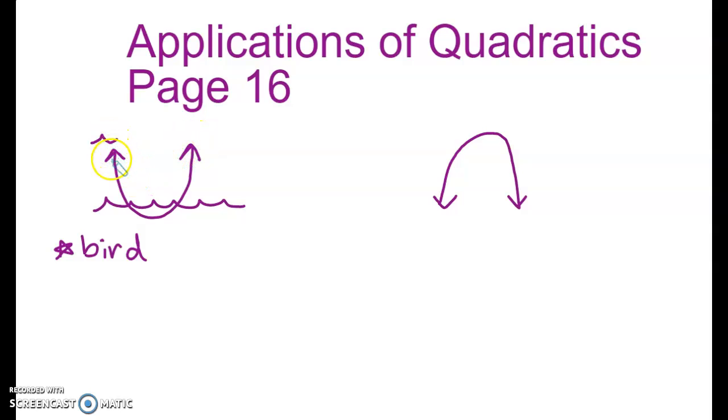So a quadratic equation could mimic the flight path of the bird. You could also think about a person or an animal diving in water, like an otter or a dolphin diving down underneath and then coming back up to surface.